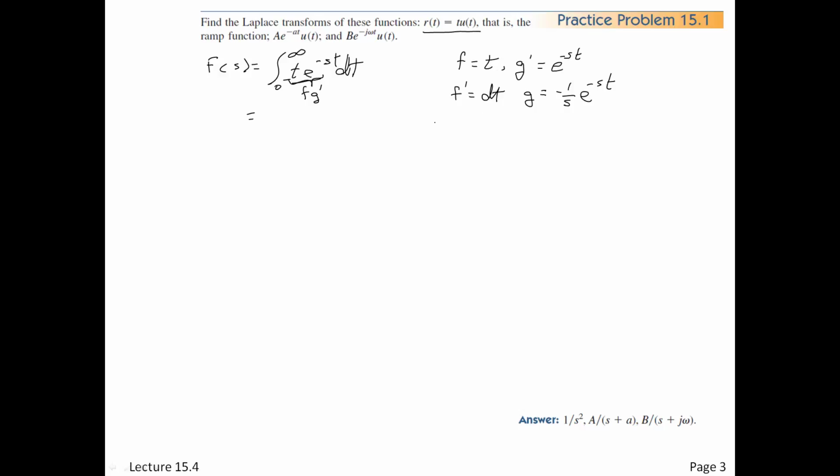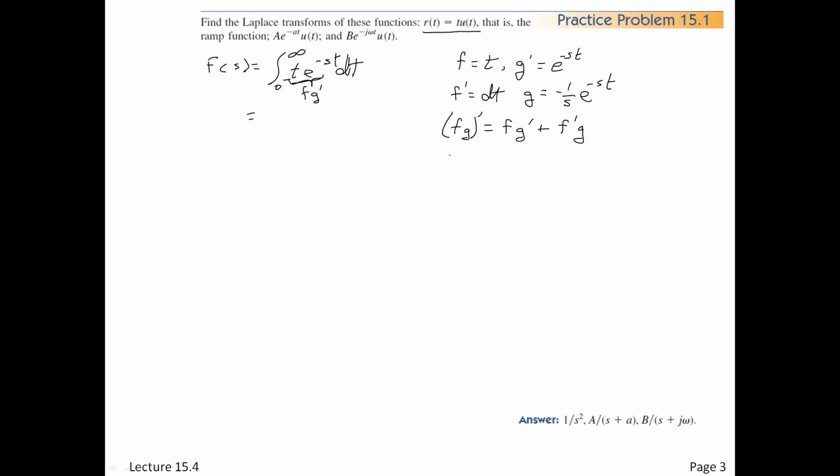All right, and what we want to remember is that the differential of a product is what? The first times the derivative of the second plus the second times the derivative of the first. Okay, we got all that.